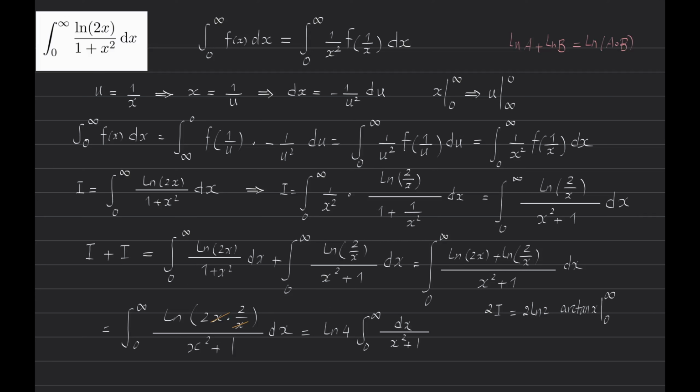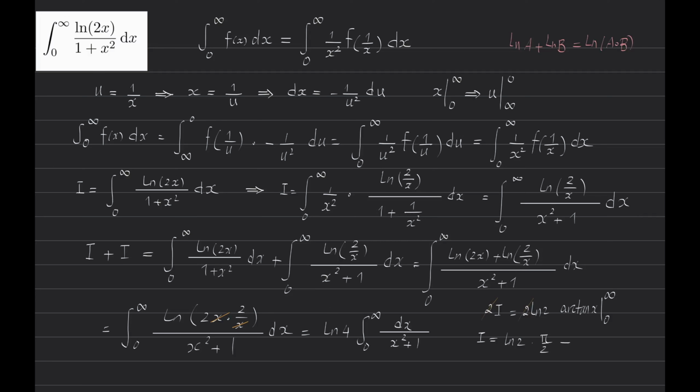Of course, 0 to infinity means 0 to some number r, and take the limit as r goes to infinity. That's what we have to do, but it's more or less the same here. Now these 2 on the left and these 2 on the right cancel because I'm looking for I. So it becomes ln of 2 multiplied by arctangent of infinity, which is pi over 2, minus arctangent of 0, which is 0, so it becomes pi over 2.